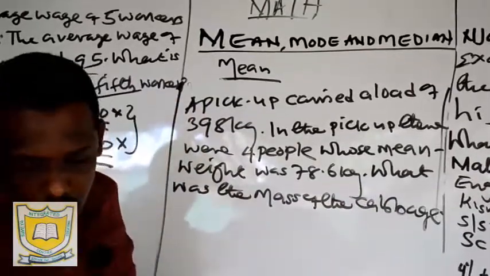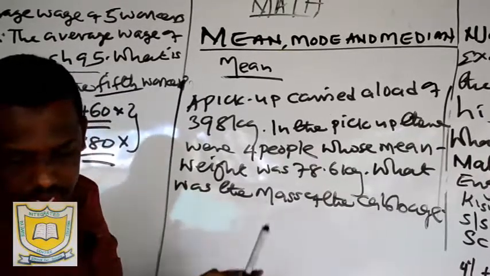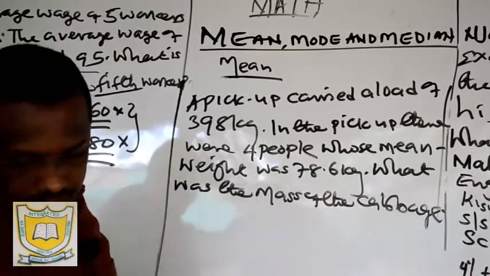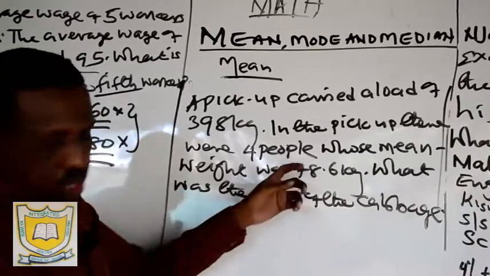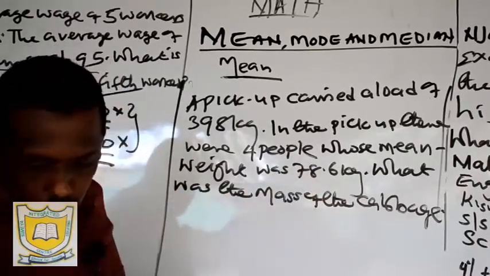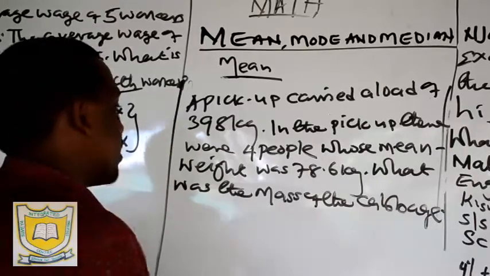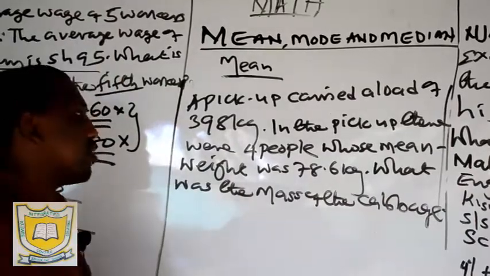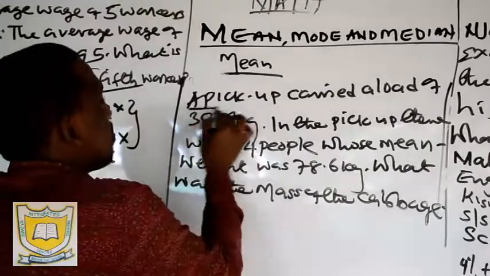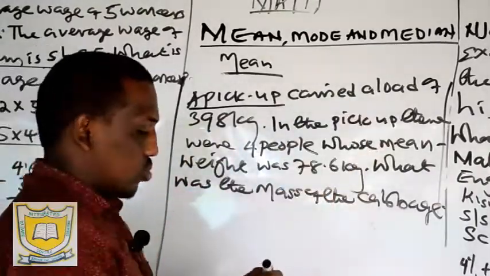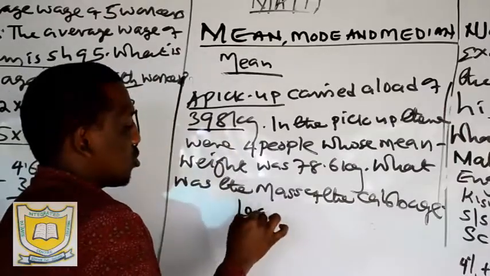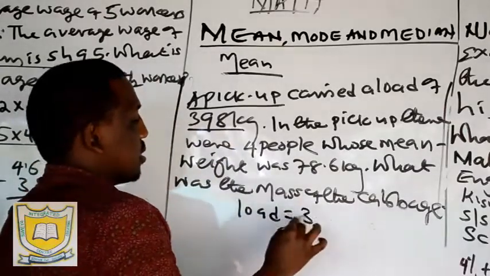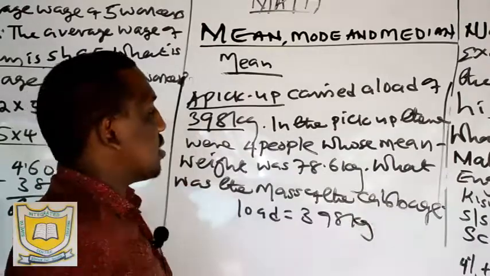You are told a pickup carried 398 kg. In the pickup there were 4 people whose mean weight was 78.6. Then you are asked, what was the mass of the cabbage? Let us see now. The total load was 398 kg.